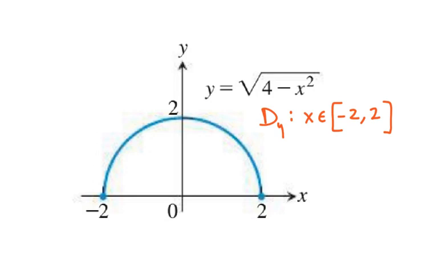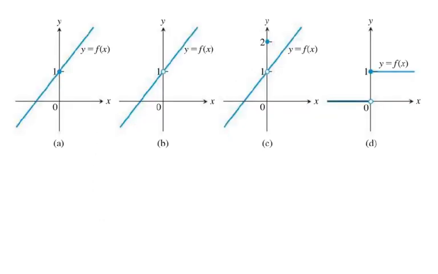Let's look at a couple other examples of continuity or discontinuities. I've pulled in 4 graphs here, and only one of these graphs is continuous. So this first graph, part A, this graph is continuous. Now, graph B, you notice there's a hole or a circle in the graph.